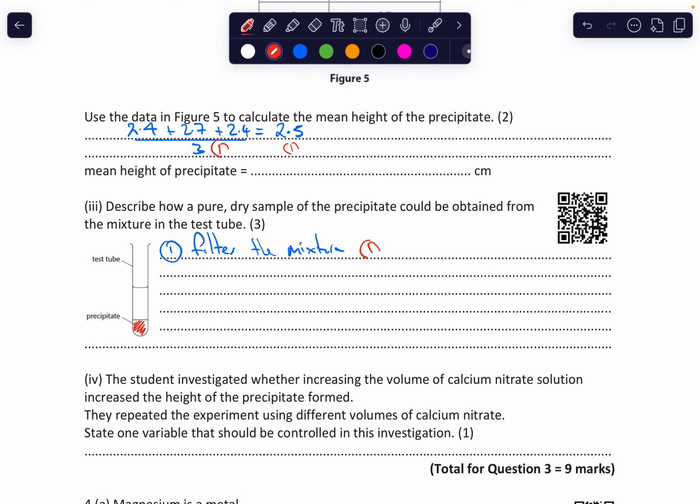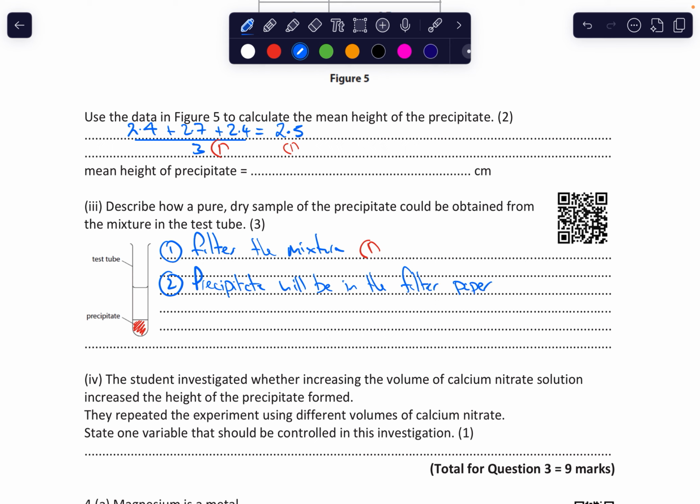The second bit, so once I've filtered it, my precipitate will be inside the filter funnel, inside the filter paper. So I'm going to say here, in fact, yeah, we can call it precipitate because it has called it that. So precipitate will be in the filter paper.